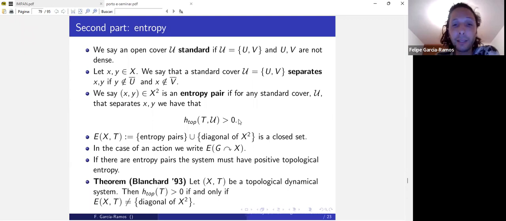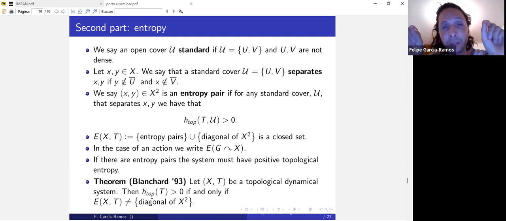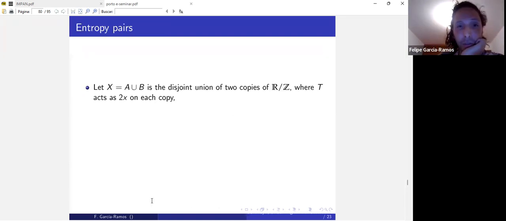The other direction is also true: if you have a system with positive entropy, then you will find a non-diagonal entropy pair. So in some sense you can localize the entropy. You can say, between these two points, there's a lot of movement that is creating entropy.